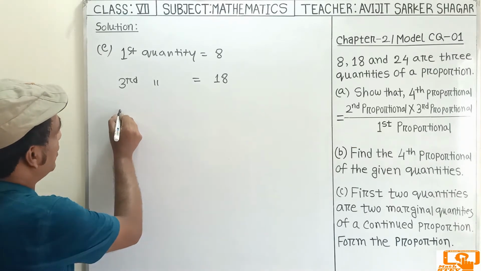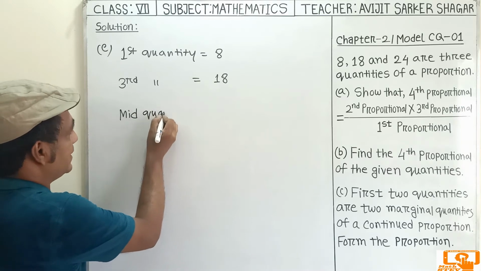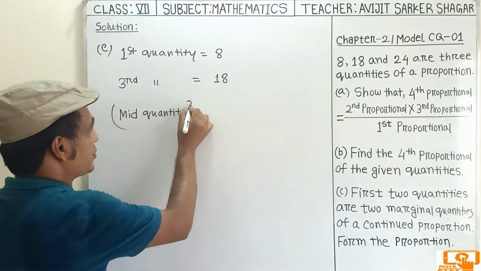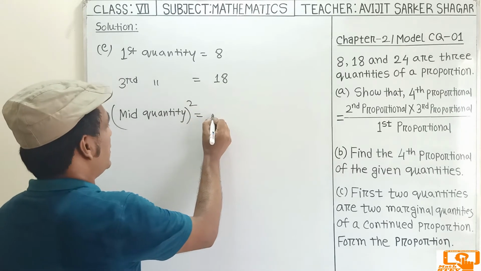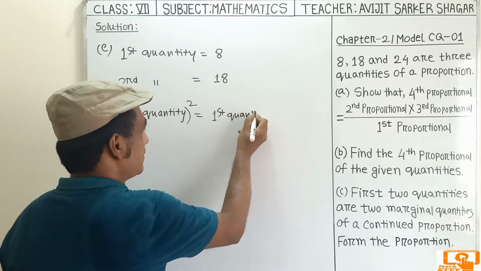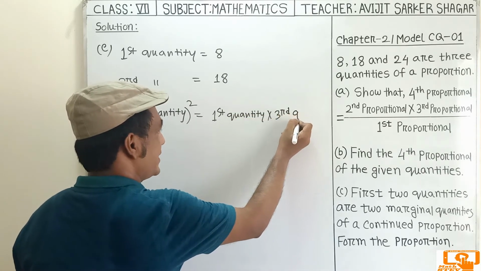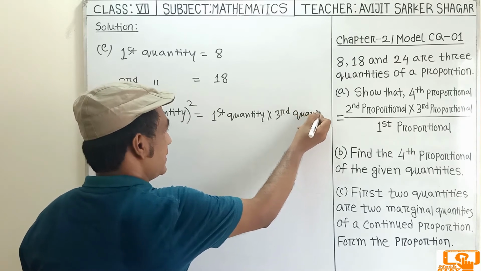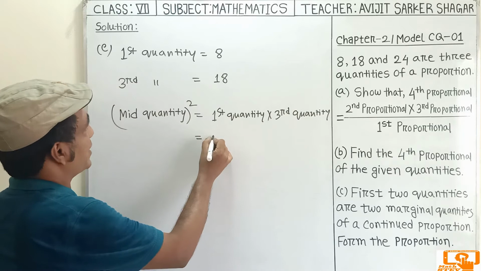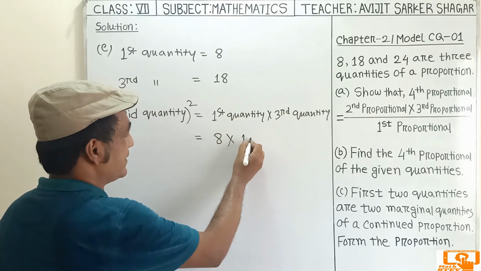Okay, we know mid quantity squared equals first quantity multiplied by third quantity. What is the first quantity? First quantity is 8 and third quantity is 18.